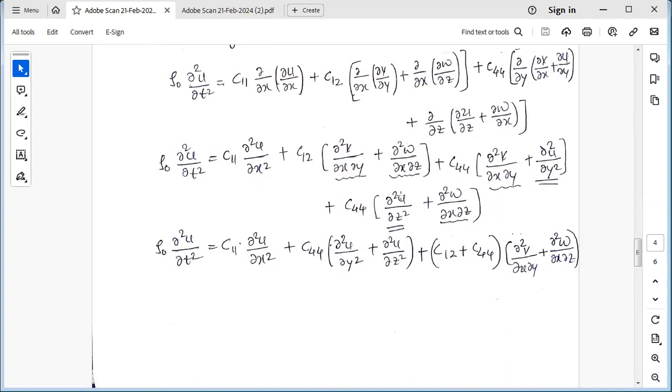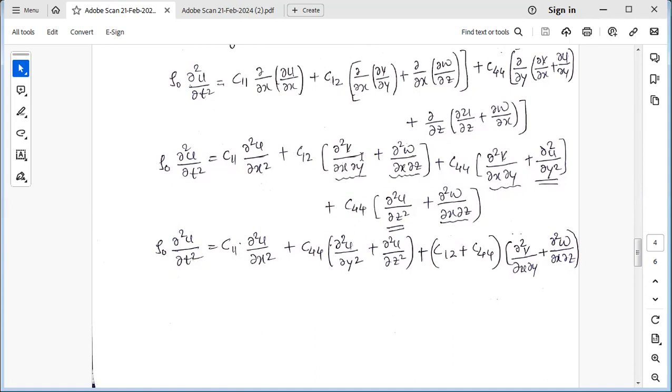In these two cases, C44 is common, so C44 into this quantity, plus this C12 and C44 is also at 2 places. C12 is multiplied by this term, but C44 is also multiplied by this term, dou square v by dou xy plus dou square w by dou x dou y.